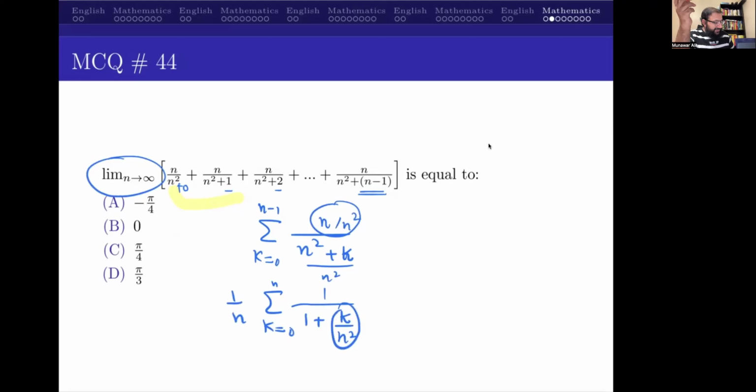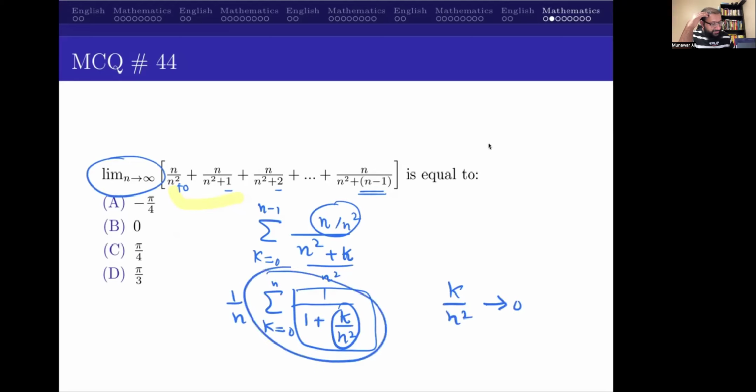If I take this limit and apply it here, then the limit of this term as n goes to infinity, this k over n square would go to 0. So then this whole term would be 1. So this is 1 over n, k equals 0 to n minus 1, and this whole sum is going to be 1. Now if you add all these terms, if you are adding this 1 from 0 to n minus 1, you are adding 1s, you will get n. So the final answer is going to be 1, which is not any of the options here.